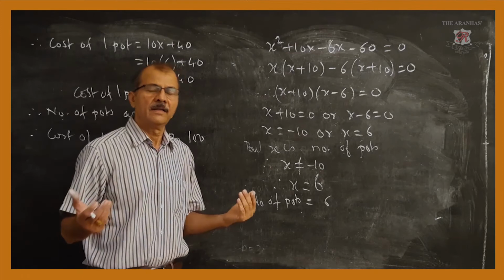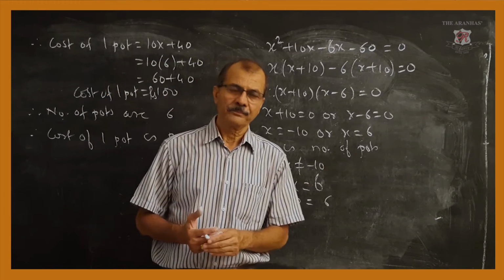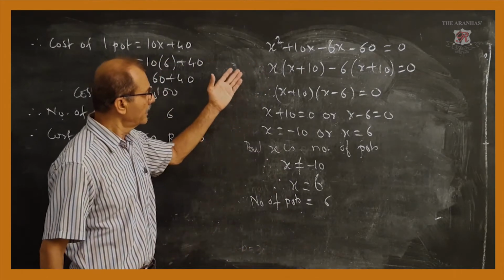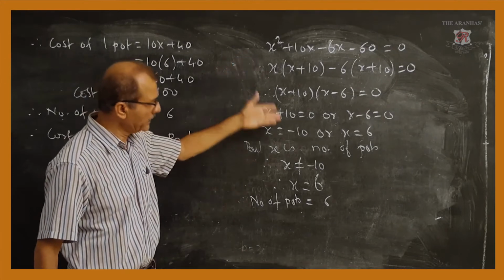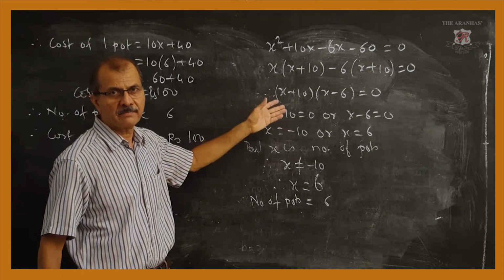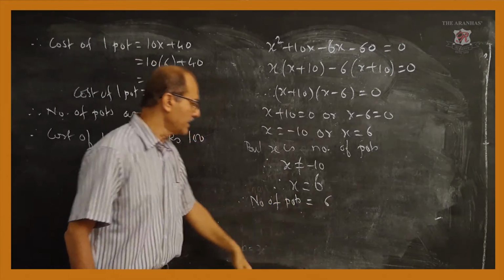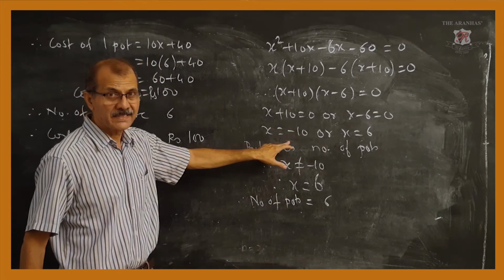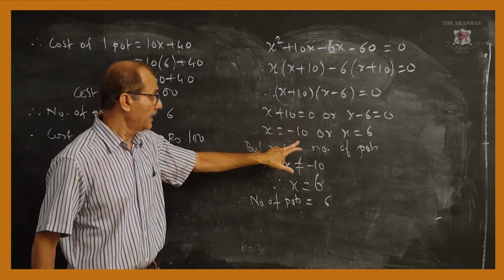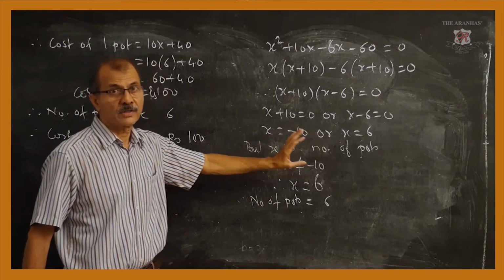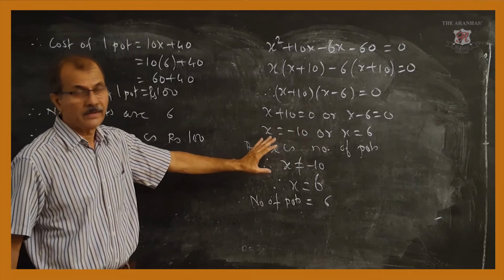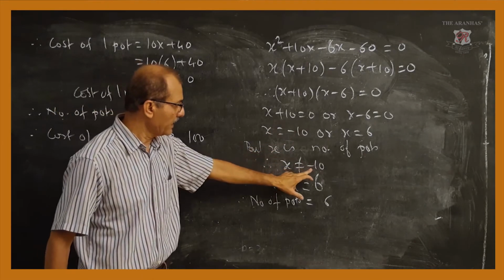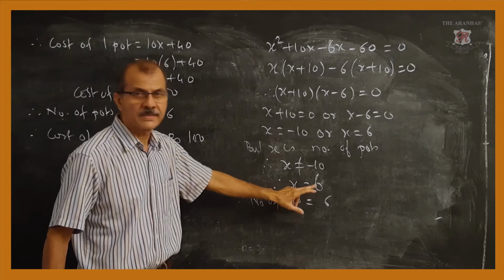After simplifying, you get a quadratic, and solving that quadratic equation by the factorization method, you get x equals minus 10, x equals 6. But as x is the number of pots, and the number of pots is never negative, x is not equal to minus 10, therefore x equals 6.